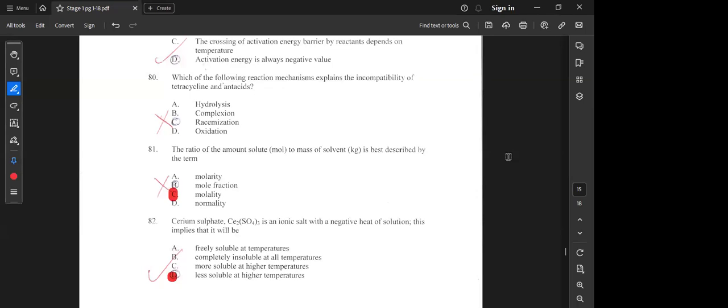So normality, when we're talking about grams. For example, we know that we have 1 mole of HCl, and if you add the components, chloride is 35.5 and hydrogen is 1 gram, so 36.5 grams of HCl is 1 normality.